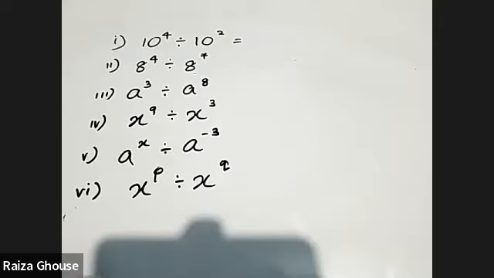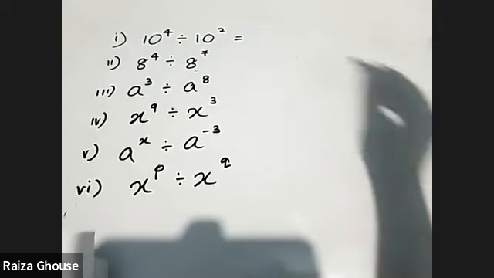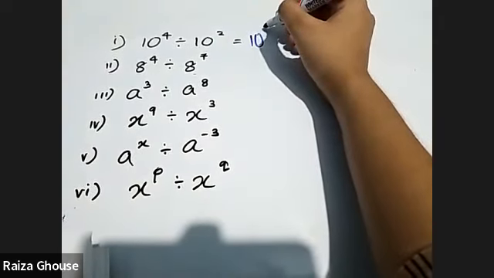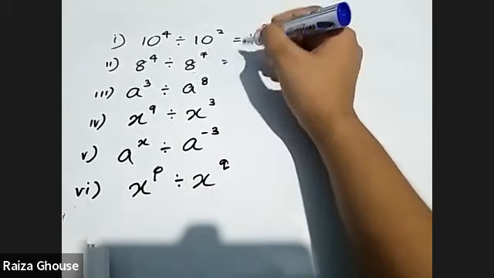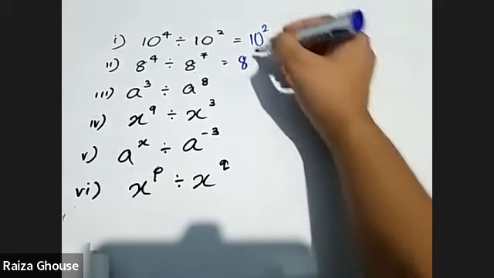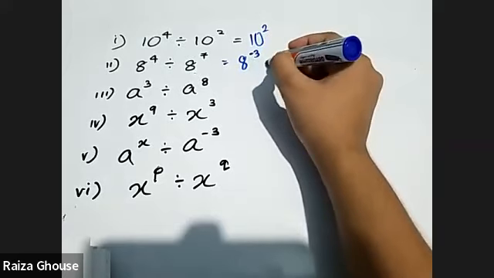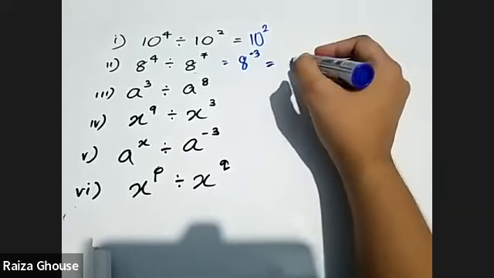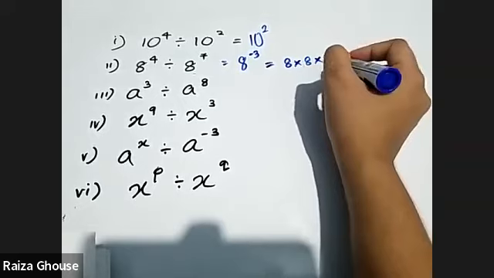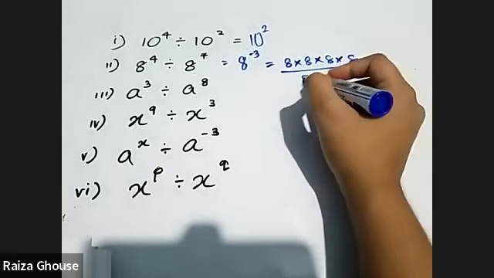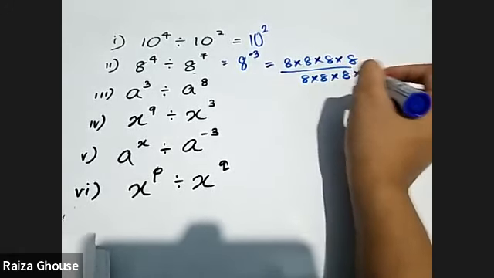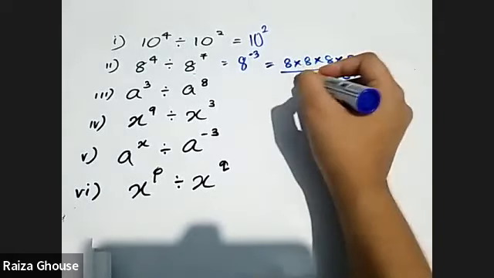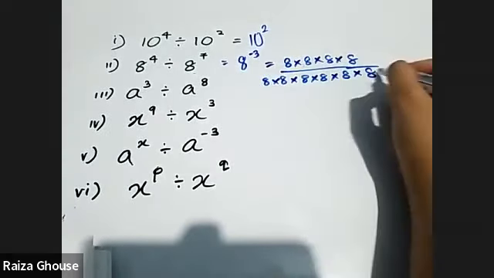Right, now we'll go ahead with the questions here. First one, the answer is 4 minus 2. 4 minus 2 means you are getting 2. Here 4 minus 7. 4 minus 7 means it is minus 3. So this can be written in another way. Here see, 8 into 8 into 8 into 8 divided by 8 into 8 into 8 into 8 into 8 into 8 into 8. So how many? There are 7.